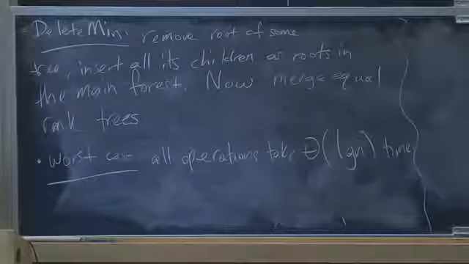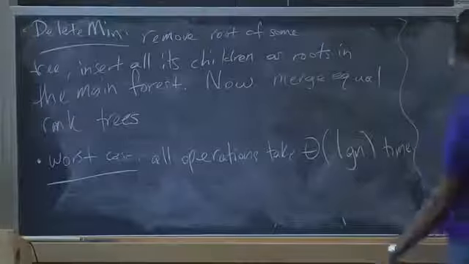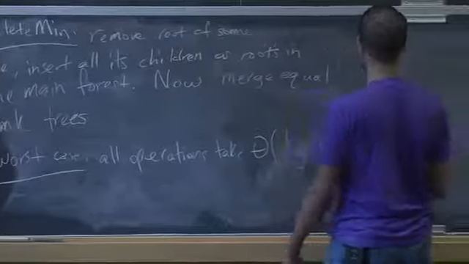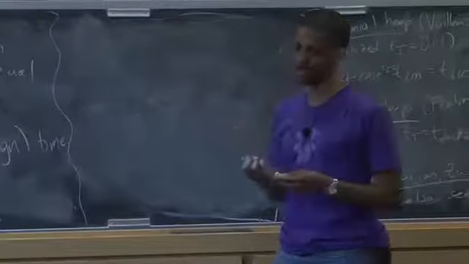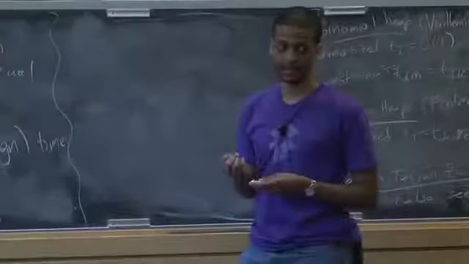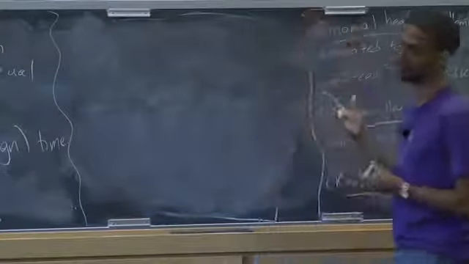We want to prove a better amortized bound, and we're going to do it using the potential function method. Remember, we're going to bound the amortized cost per operation by the actual cost plus the potential difference.